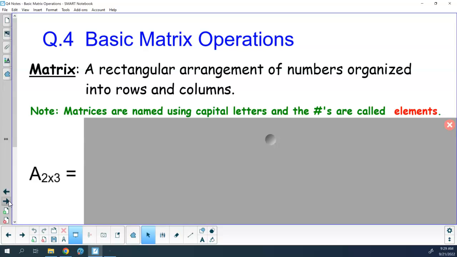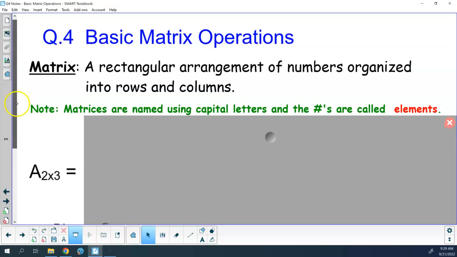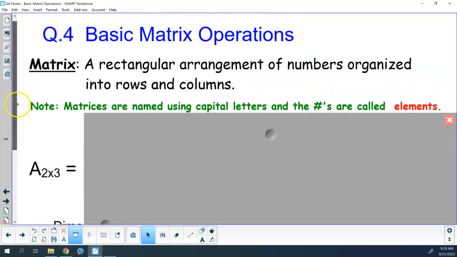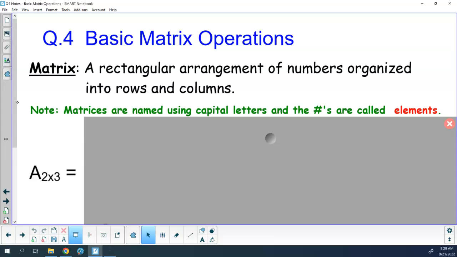So, for instance, when you see the capital letter of a matrix, in this case matrix A, a lot of the times you will see 2 numbers right after it. And those 2 numbers are the dimensions.